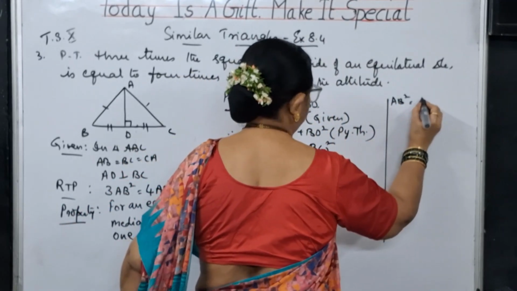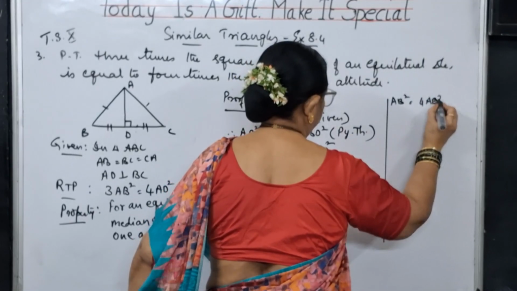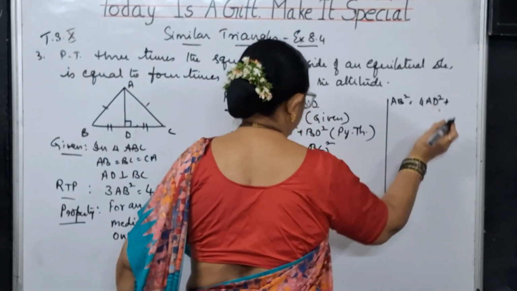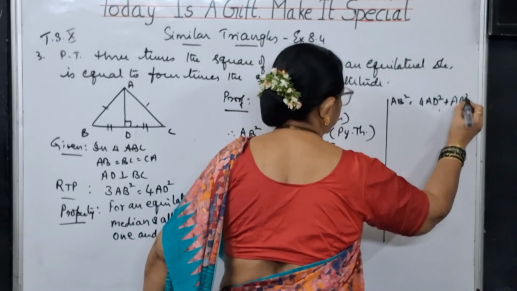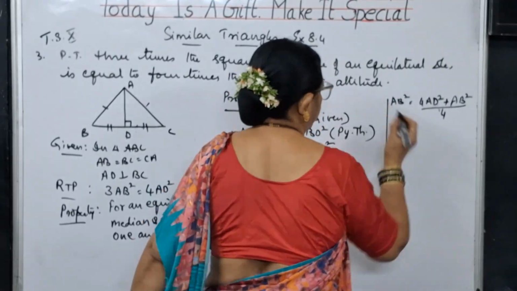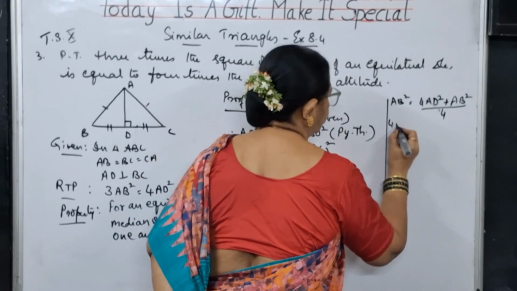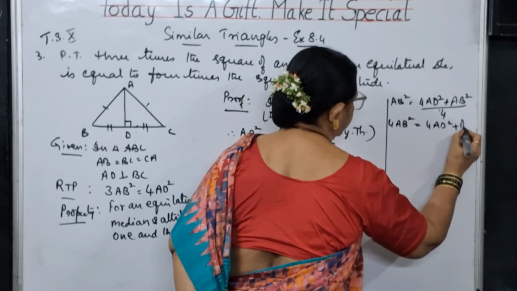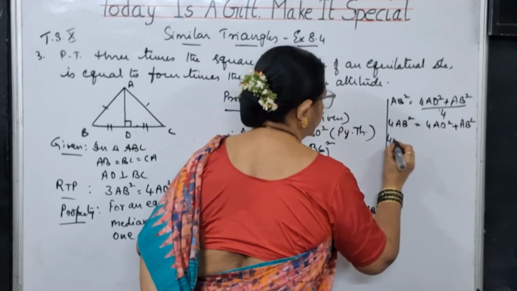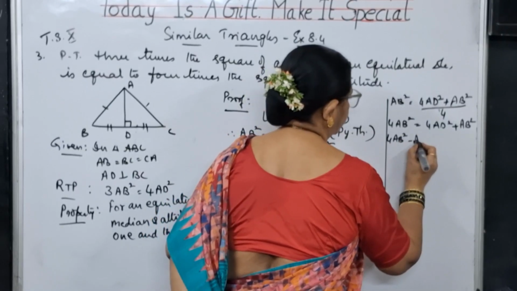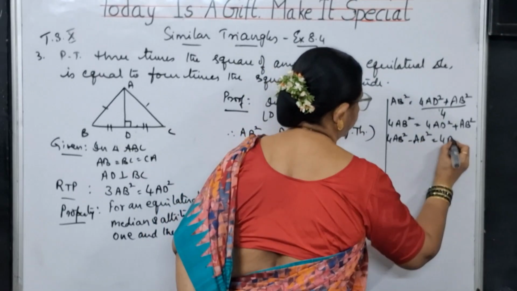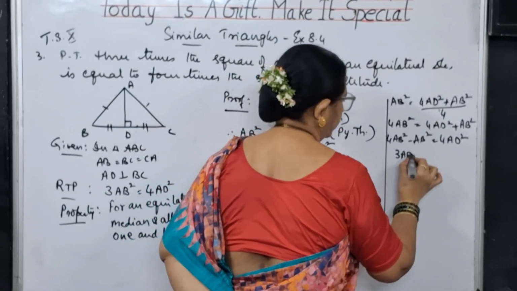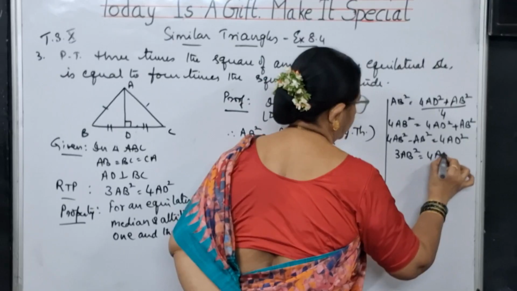AB square is equal to 4AD square plus AB square by 4. So here I am sending it here. 4AB square is equal to 4AD square plus AB square. That means 4AB square minus AB square is equal to 4AD square. 4AB square minus AB square is 3AB square is equal to 4AD square.